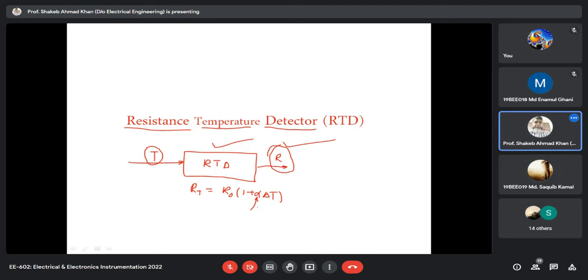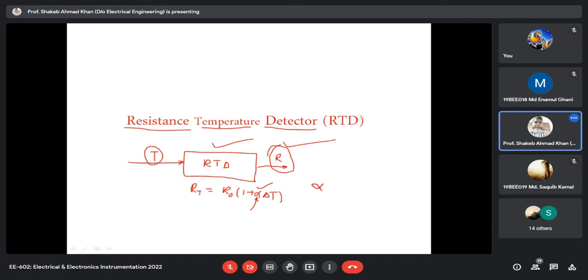Temperature coefficient of resistance, that's correct. So how can you define it from this formula? Change in resistance per unit temperature. Change in resistance per unit change in temperature.